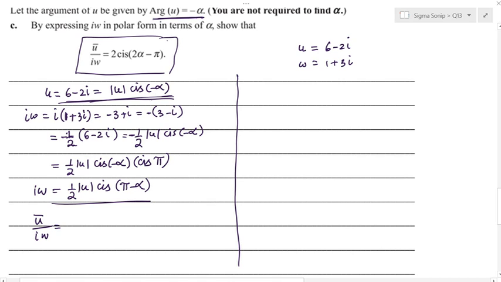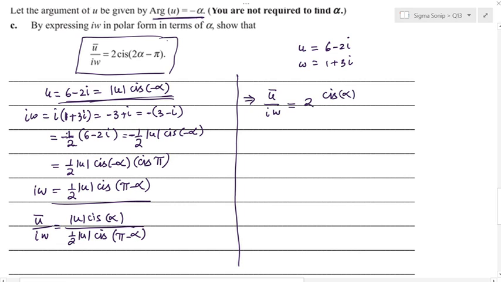To find the conjugate, you just change the sign of the argument. So the numerator will become cis alpha, and iw is what I got here. I'll write this thing again. Mod u cancels out. You got a 2 here.